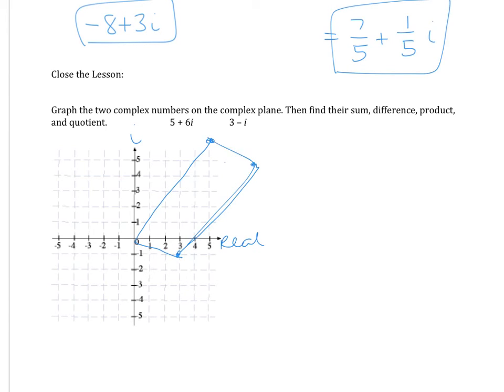So there's them added. And what would that be? 3 onto 5, which is 8.